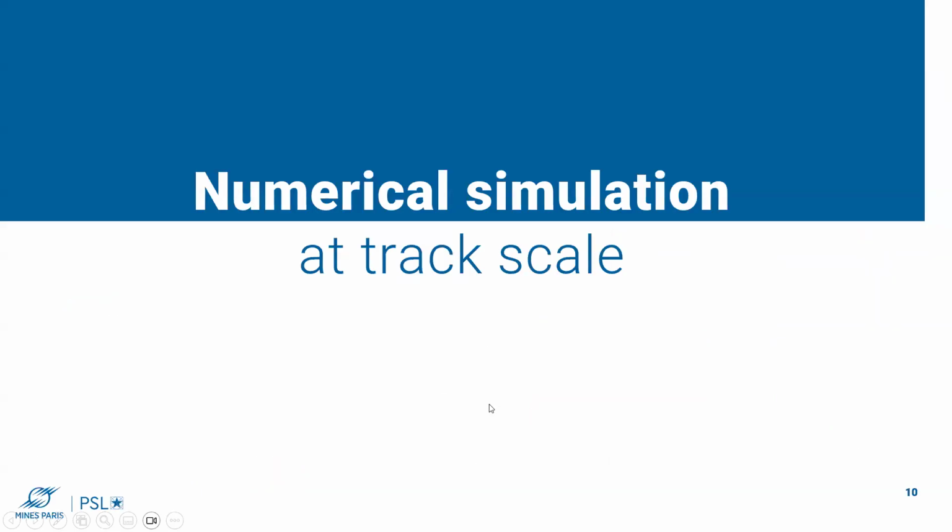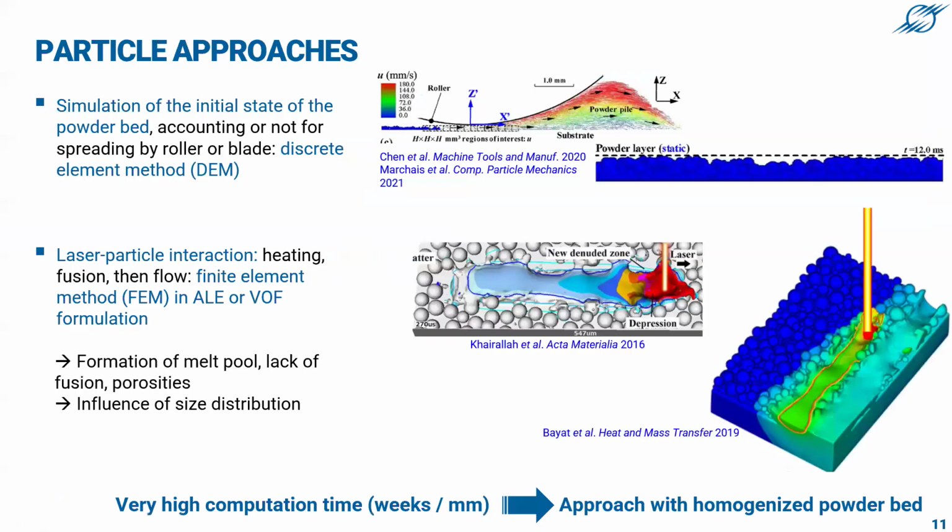So once these main phenomena have related equations, we can think about implementing this in a numerical simulation at track scale. So at track scale, we have approaches that will first distinguish particles.